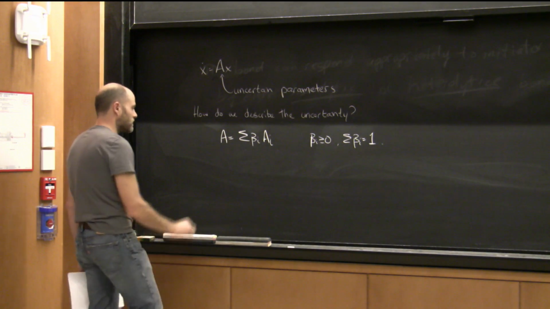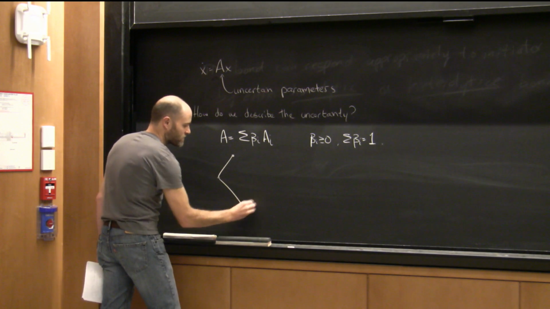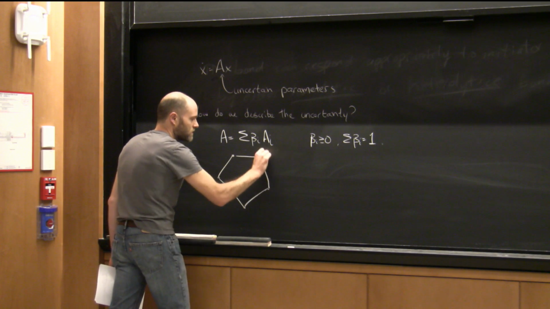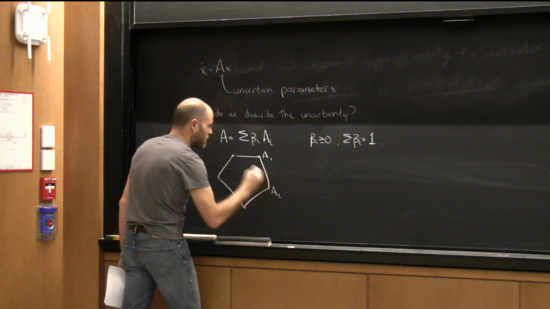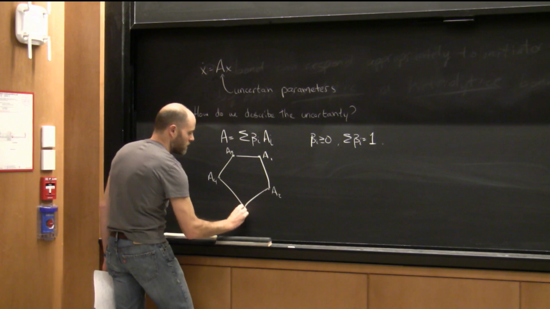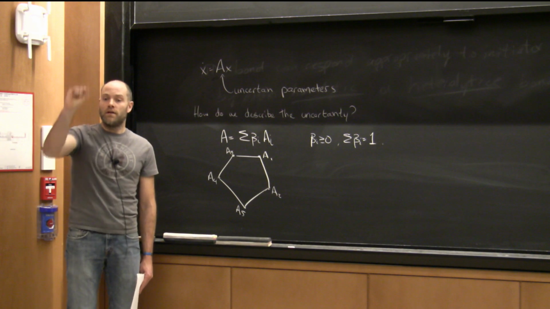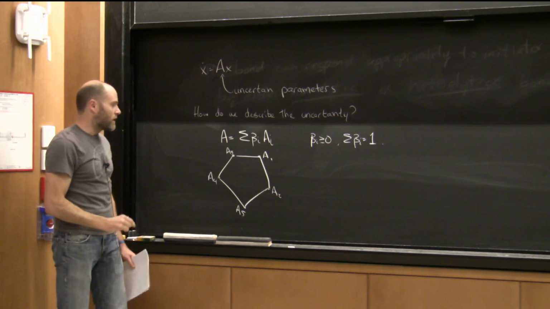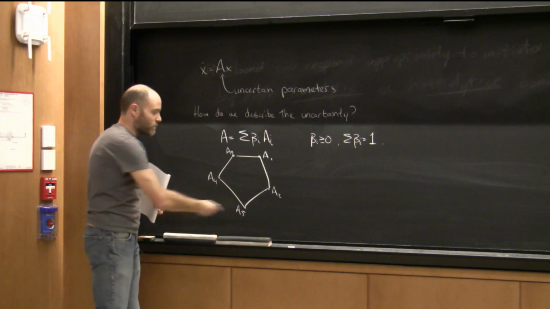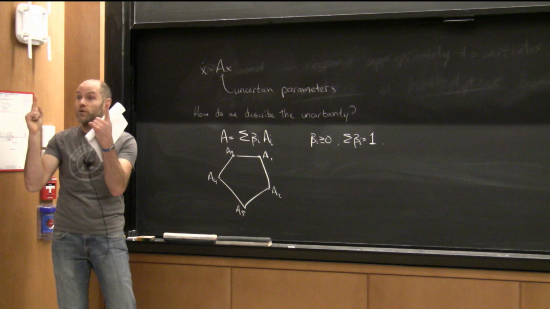So in the coefficient space now, I really have that picture I wanted to draw before: A1, A2, A3, A4, A5. If you took any element of my matrix, it's got to be inside the set defined by those extreme points.